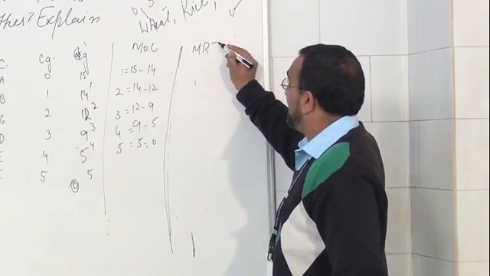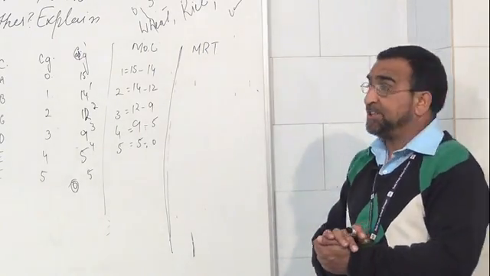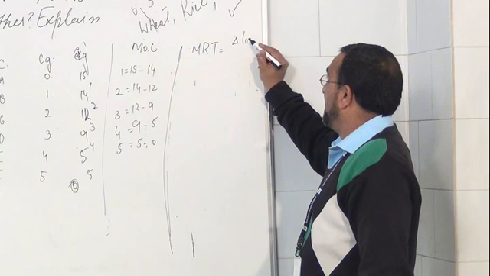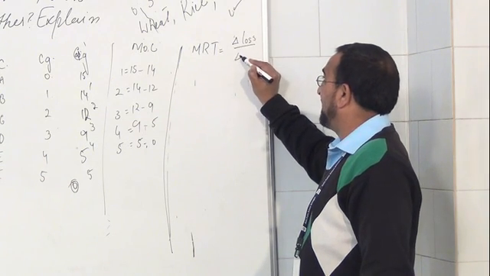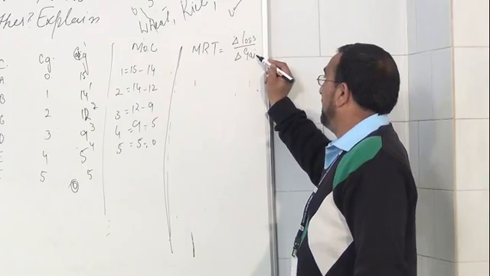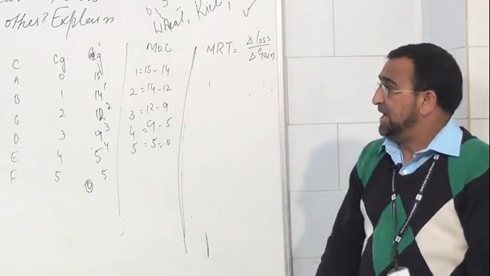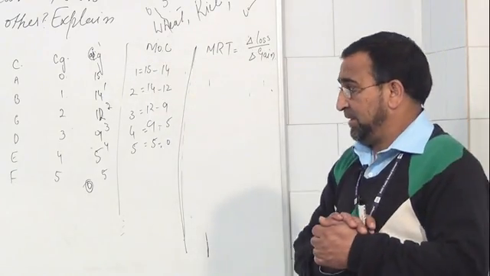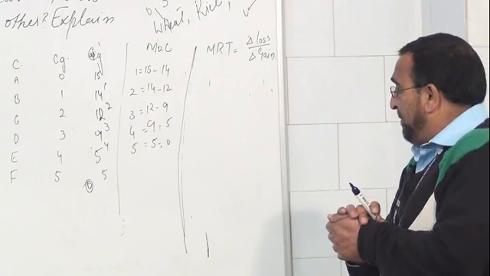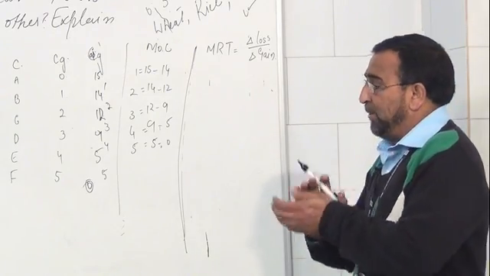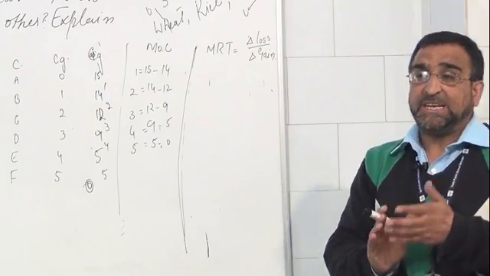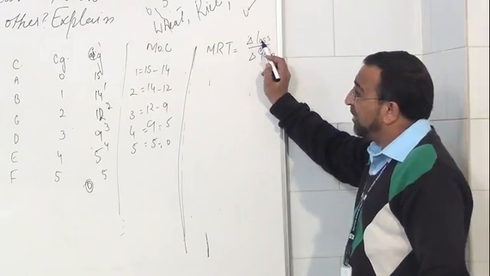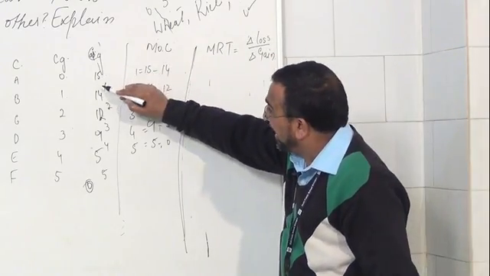Marginal rate of transformation is equal to delta loss divided by delta gain. Now see, the formula for measuring marginal rate of transformation, because I have already told you that marginal opportunity cost is technically known as marginal rate of transformation. Delta loss, we have loss in capital goods.